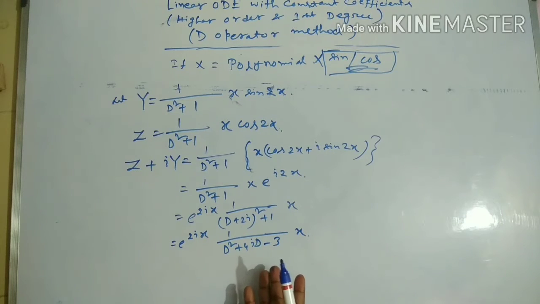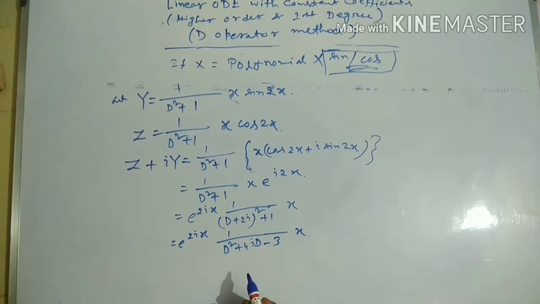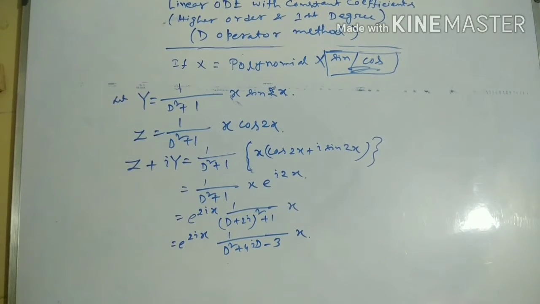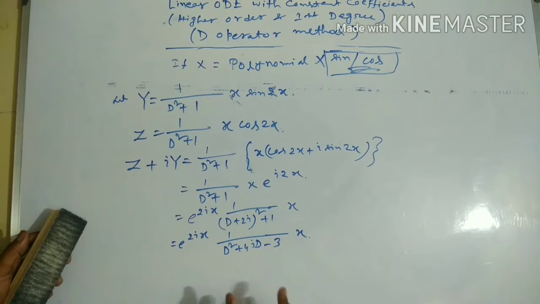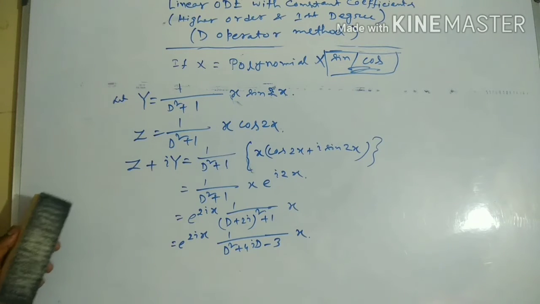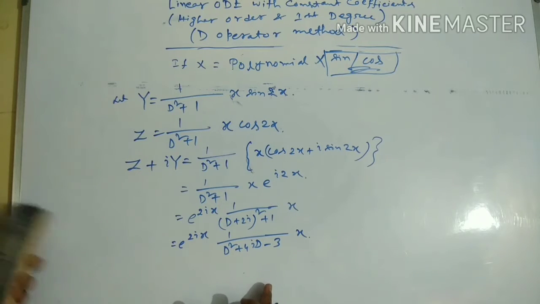Now we have to apply the method of polynomial. This is a polynomial, and in the previous video I discussed what to do if the right hand side function is a polynomial. I told you that the denominator has to be transformed into the form either of 1 plus x or 1 minus x.